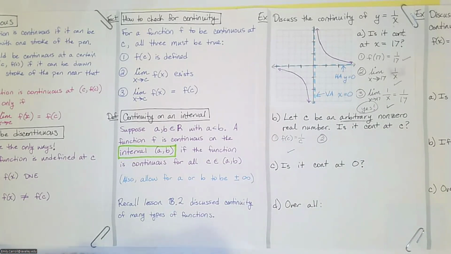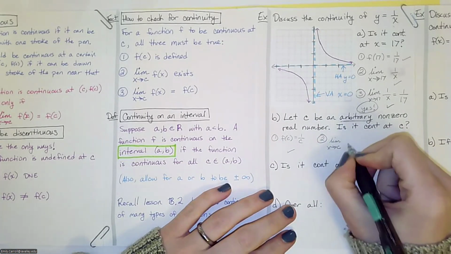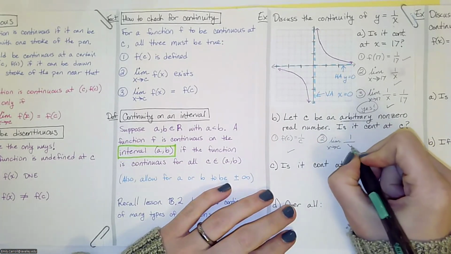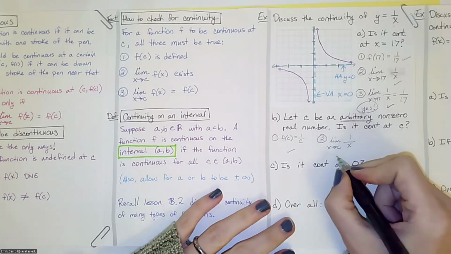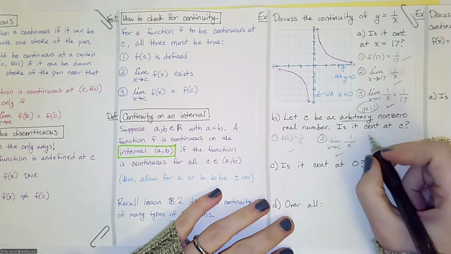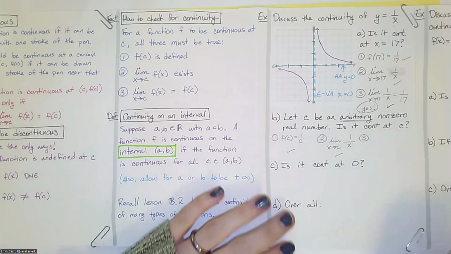2, does the limit exist? The limit as x goes to c of 1 over x. Okay, well, since c is not 0, there's no funny business here. Since c is not 0, trying to divide by c doesn't result in any divide by 0 errors. So we're fine. And does that limit agree with the function value?